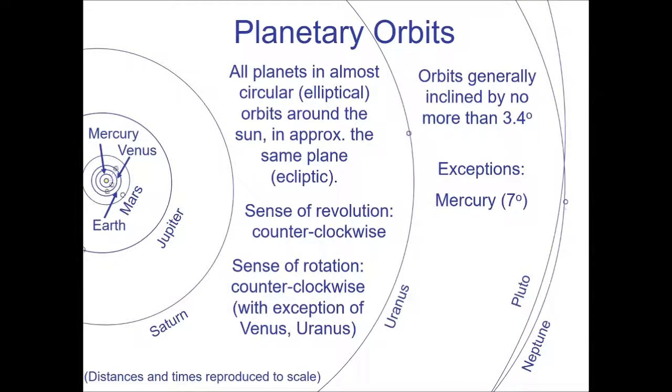The biggest exception is Mercury at 7 degrees tilted with respect to the ecliptic, but there's a good reason for it. It has to do with an interaction with the sun that over time tilts the orbit of Mercury. So that's completely expected. All the other planets are very closely aligned with the disk. So these dynamical properties, again, make a lot of sense with the solar nebula theory.